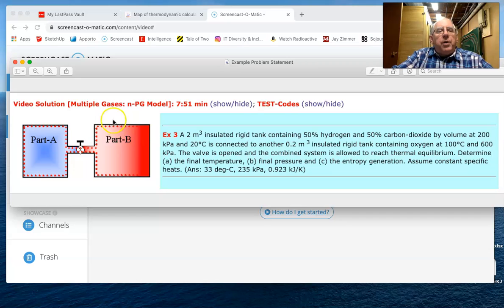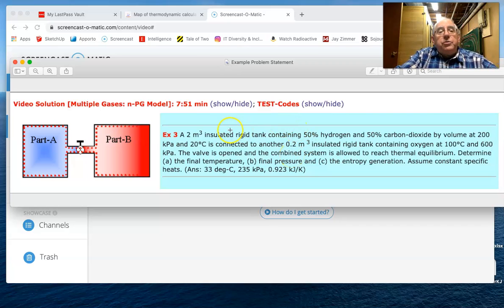In this particular problem, they say go ahead and use the constant specific heats or the perfect gas analysis. And the temperature, pressure, and entropy answers are given here for a check.